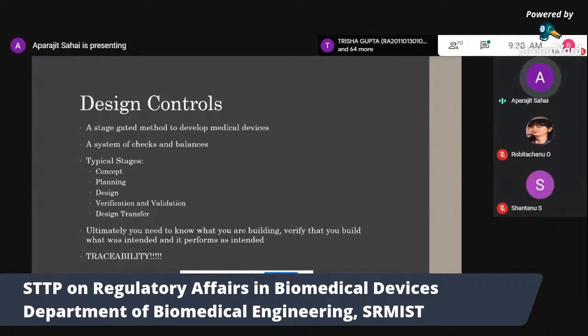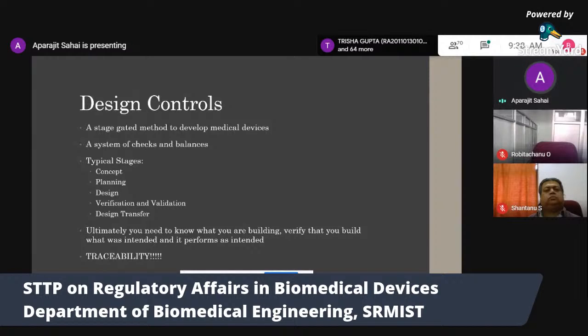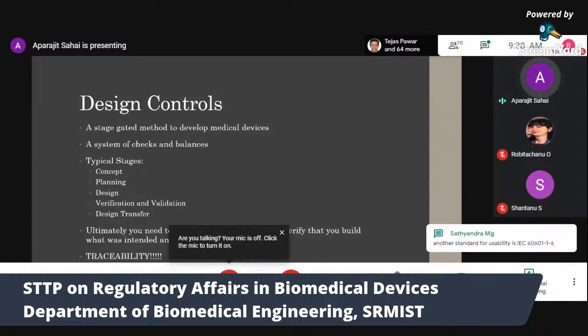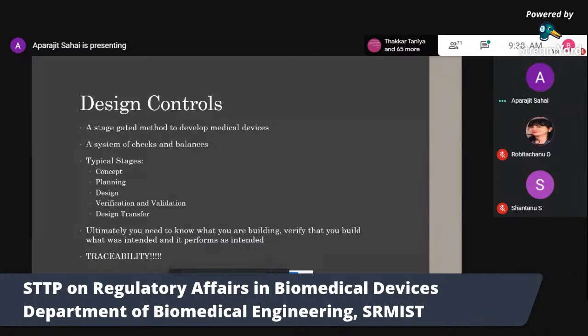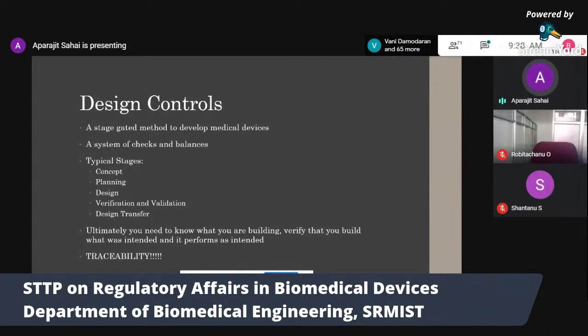And then you move on to the design phase. The design phase is where you take the marketing requirements that we had in the concept phase and convert them into product requirements. Now, the product requirements are specific engineering requirements.